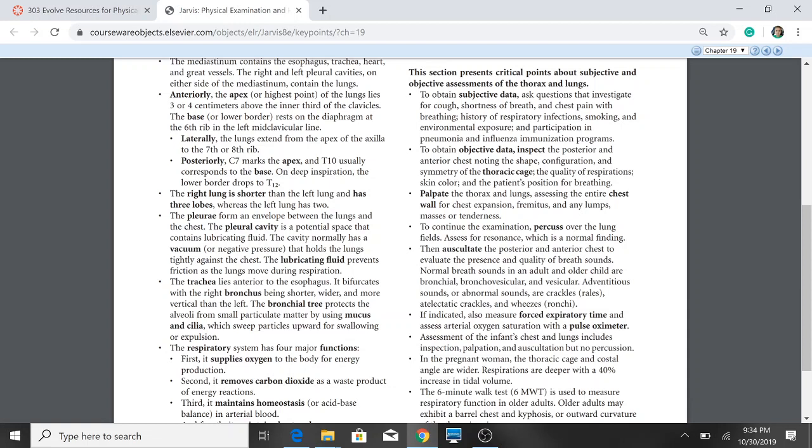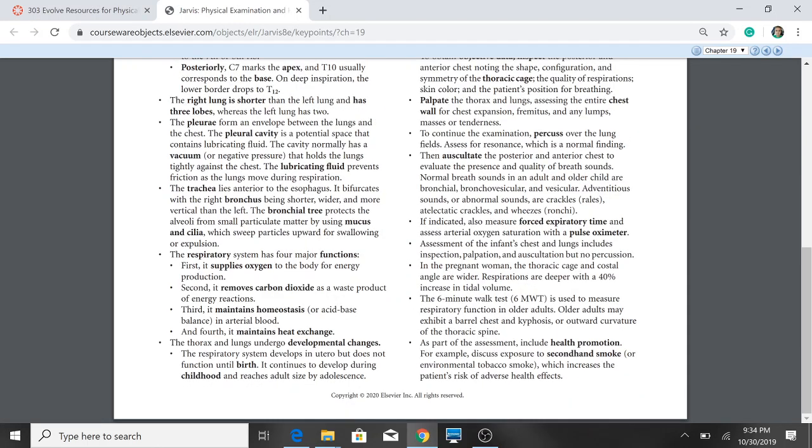Normal breath sounds in an adult and older child are bronchial, bronchovesicular, and vesicular. Adventitious sounds, or abnormal sounds, are crackles, rhonchi, atelectatic crackles, and wheezes. Also measure forced expiratory time and assess arterial oxygen saturation with a pulse oximeter as indicated.